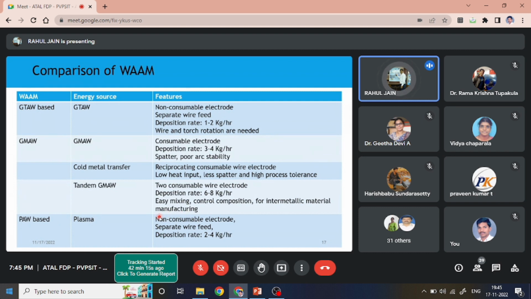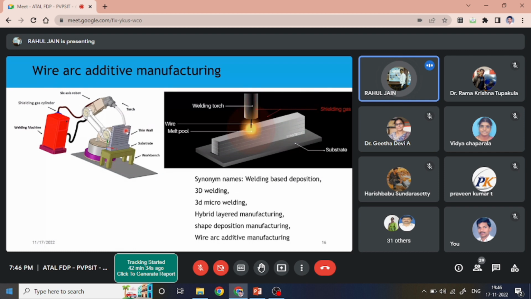Again, in this particular case, we have a non-consumable electrode, and because of that, either we need a separate wire feeder, or we can even use powder. Once we use powder, we need a robotic system like I have shown over here. It will generate the plasma arc source. The powder would be spread over here, and you can move the plasma arc source as per the requirement, right?